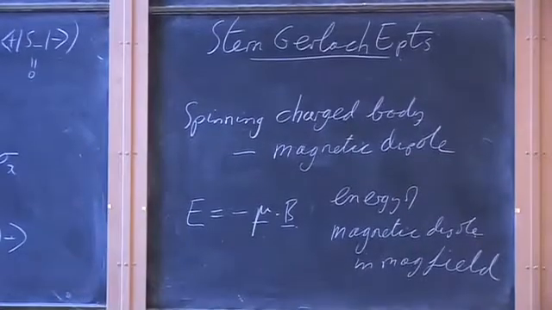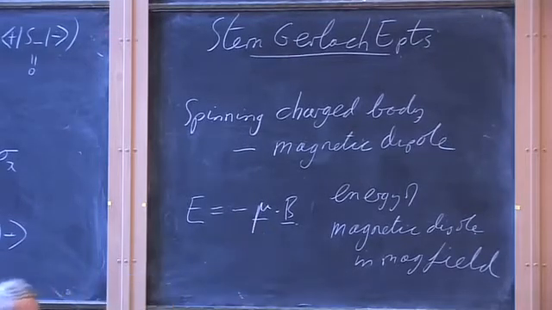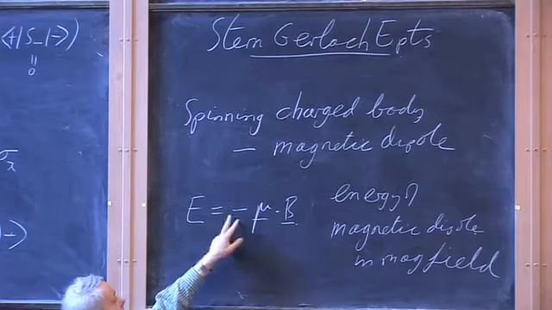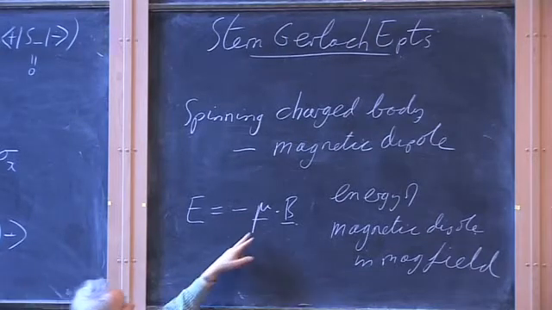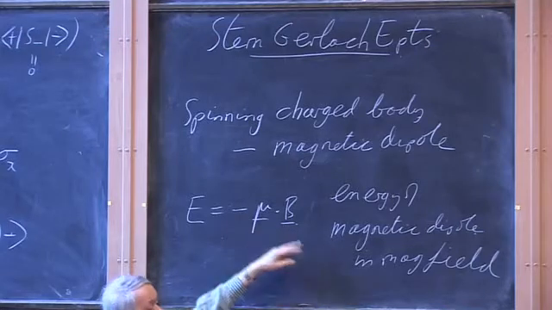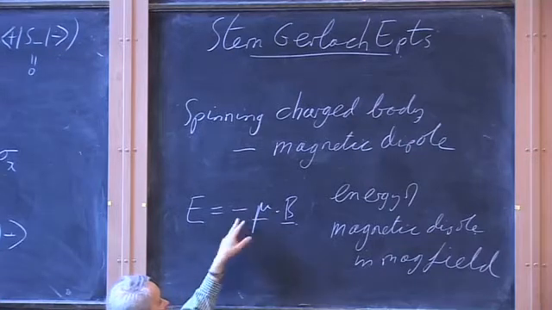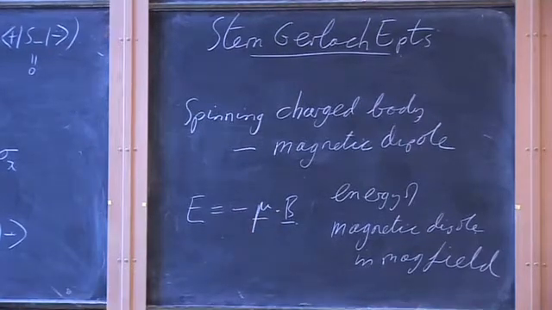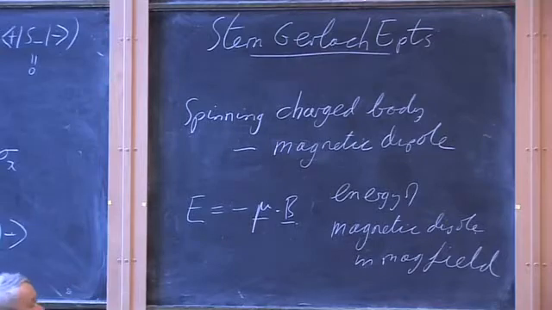That also means that if a magnetic dipole is aligned with the field, its energy will drop as it moves into a region of bigger field, because this will become a more negative number, whereas if it's anti-aligned with a magnetic field, then its energy will increase if it moves into the magnetic field, because this will be negative and the two minuses will cancel. We'll have a more positive energy. So since things tend to move in the direction that minimizes their potential energy, we have that magnets aligned with B will be sucked into a region of stronger B.